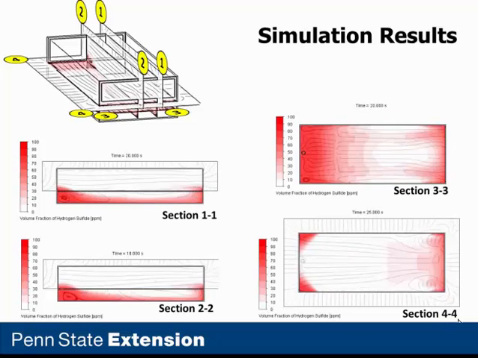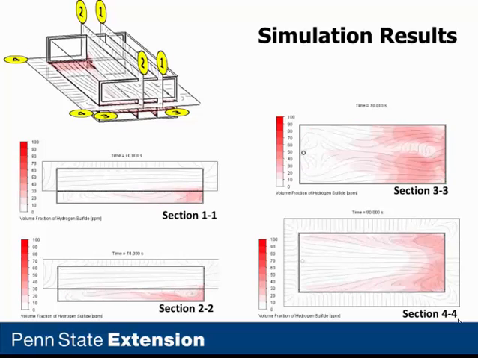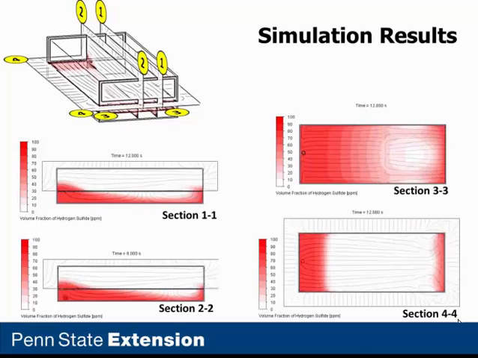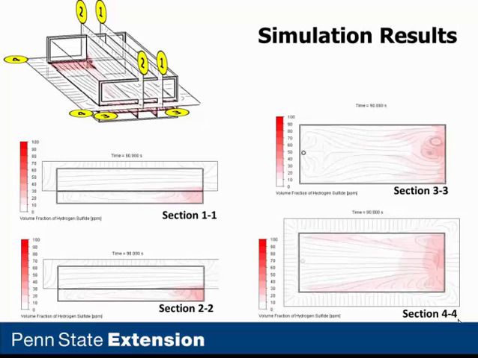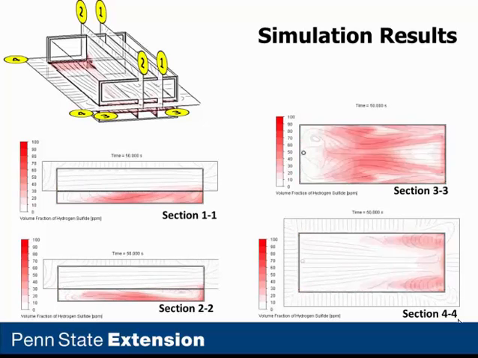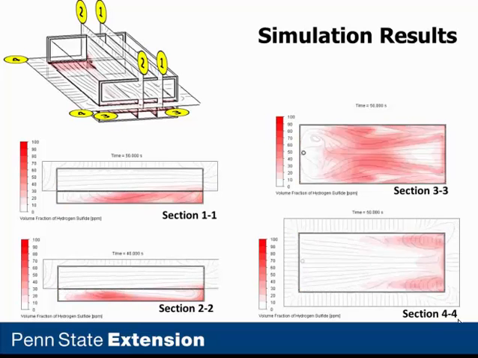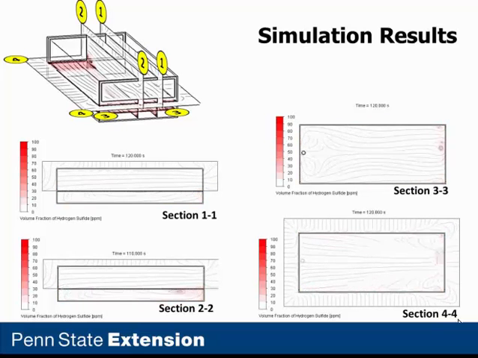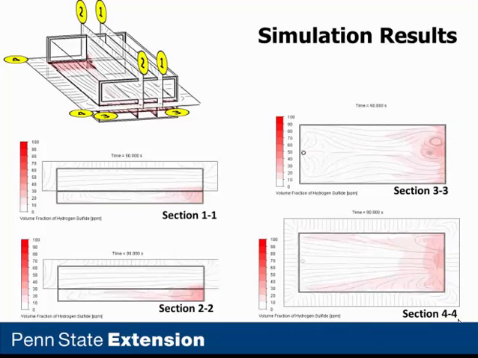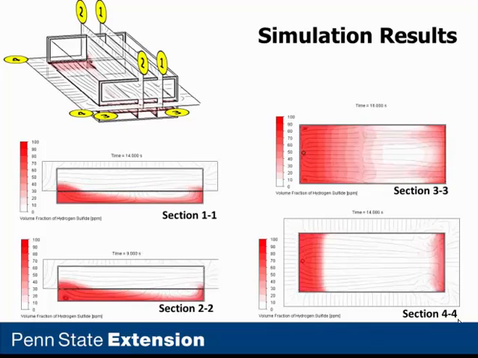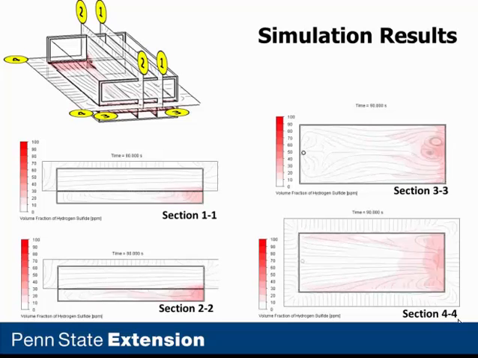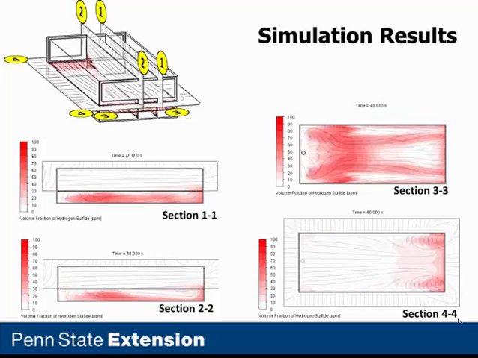In section 4.4, which is 6 inches above the floor, you notice that the only portion of that pit that is totally red, deep red, is on the left side, which would say that, well, maybe we don't have to evacuate that entire barn, but just maybe the leftmost portions.